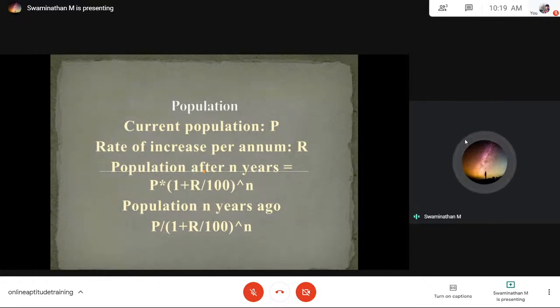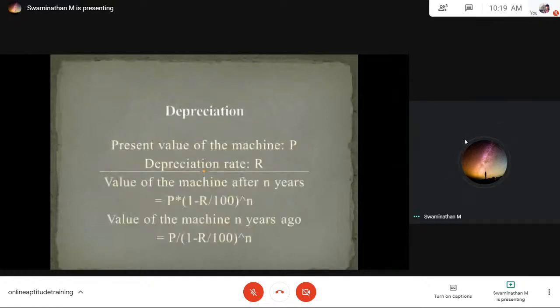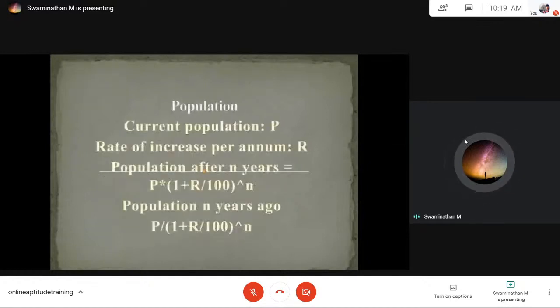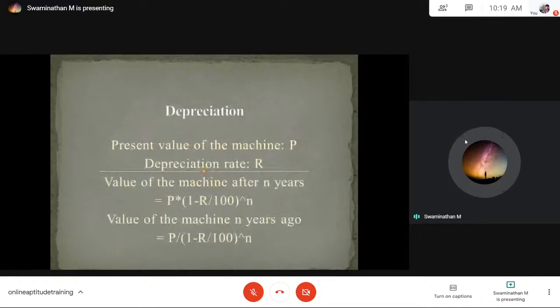Okay, I'm going to the depreciation part. It is similar to population: P into 1 plus R by 100 for population, and for depreciation 1 minus R by 100. The same applies.